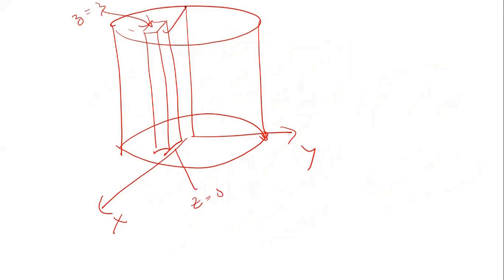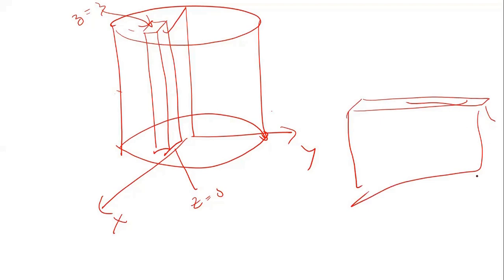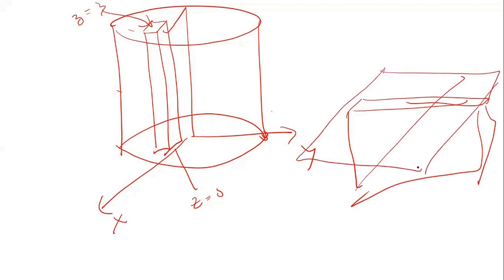Now, if we take y from -2 to +2, we realize that we will have this kind of rectangular block. And if we take the limit of x from -2 to +2 again, then we achieve this kind of rectangular block, right? So in order to avoid such a result, the limit of x and y has to be chosen very carefully.